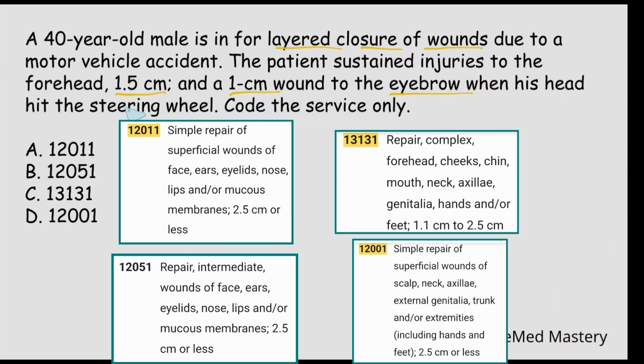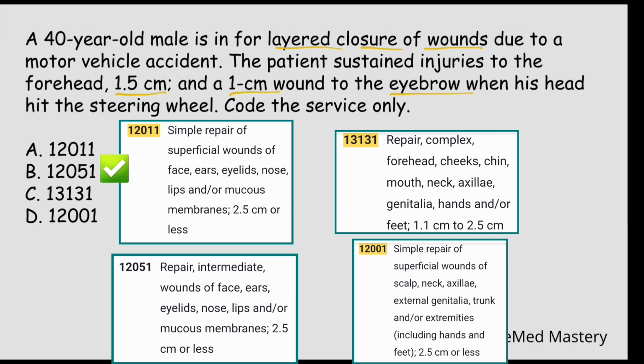So we can add these two, that is 1.5 plus 1, that is 2.5 cm, and the repair is of forehead and eyebrow. So we can use the code 12051, that is repair intermediate wounds of face. Therefore 12051 is the right code.